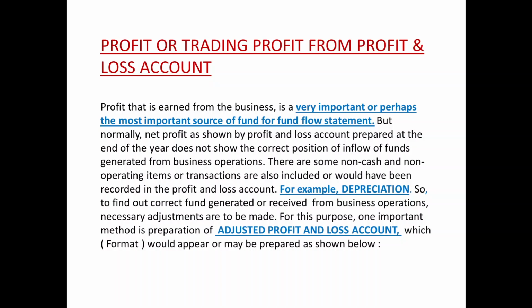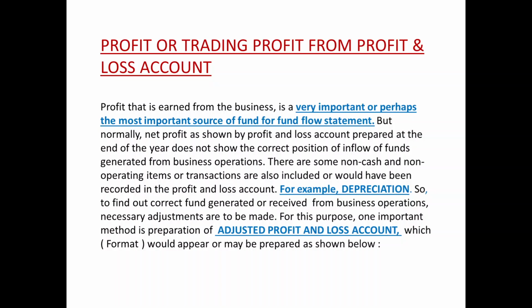Because there are some non-cash and non-operating items or transactions that would have been recorded in the profit and loss account. For example, depreciation. You know the nature of depreciation. It is a non-cash expenditure.